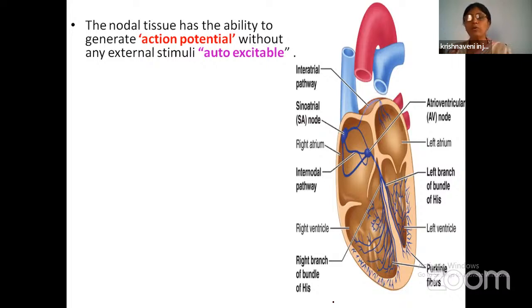Generally, when do we generate action potential? If the central nervous system or any kind of nervous system sends a message, then the action potential is generated. Without any nerve impulse or any stimuli, this nodal tissue is able to generate action potential. So we call it auto-excitable.